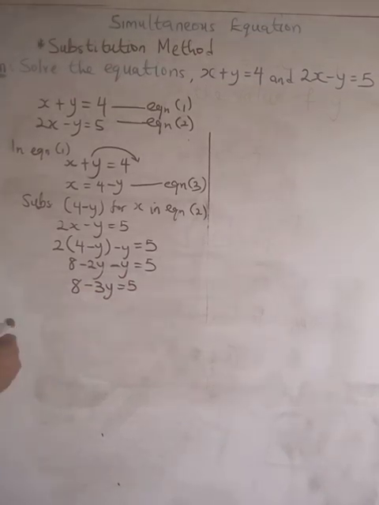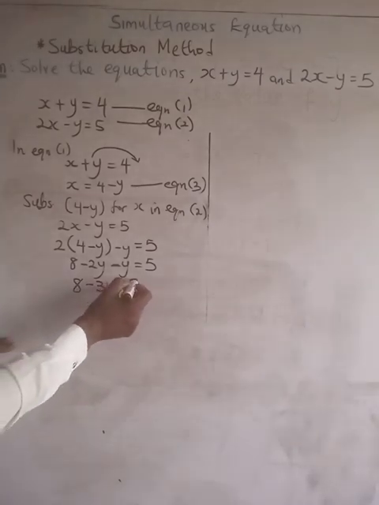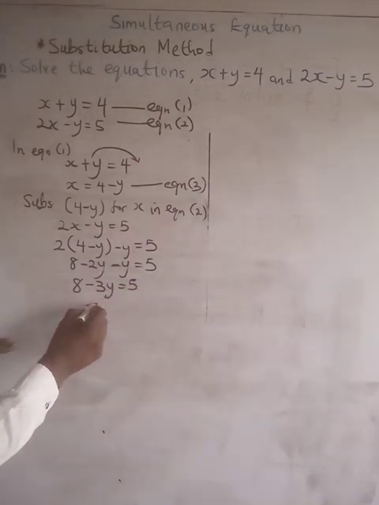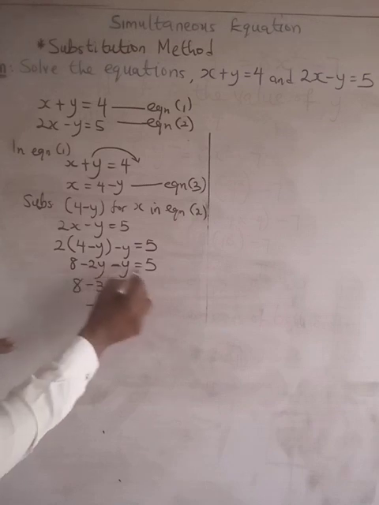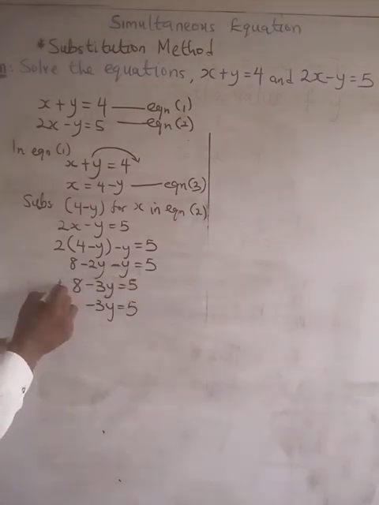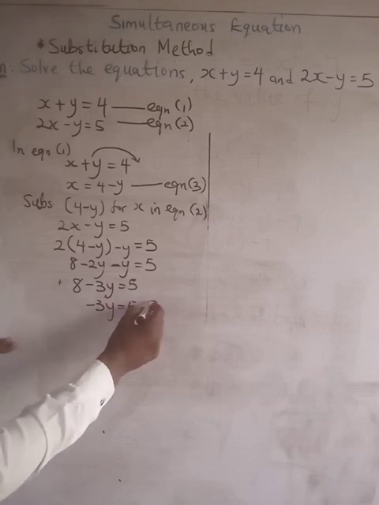You can collect like terms here simply. 8 and 5 are alike, so you can collect the like terms by taking 8 to the other side of the equation. So we have minus 3y, we have 5 left here, then 8, which is a positive sign, goes to the other side and becomes minus 8.